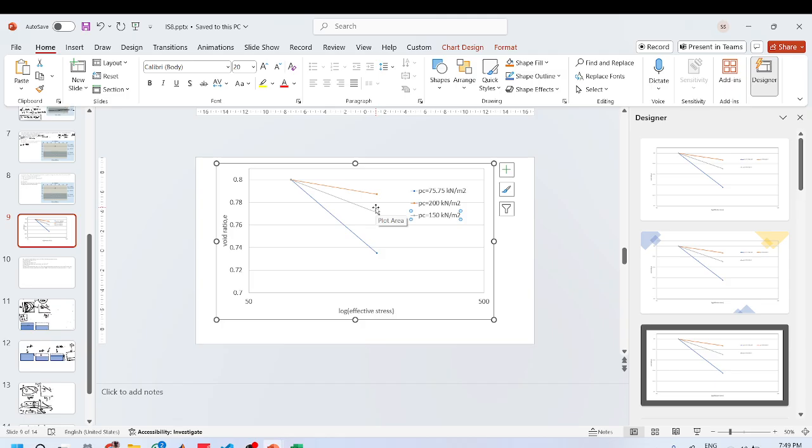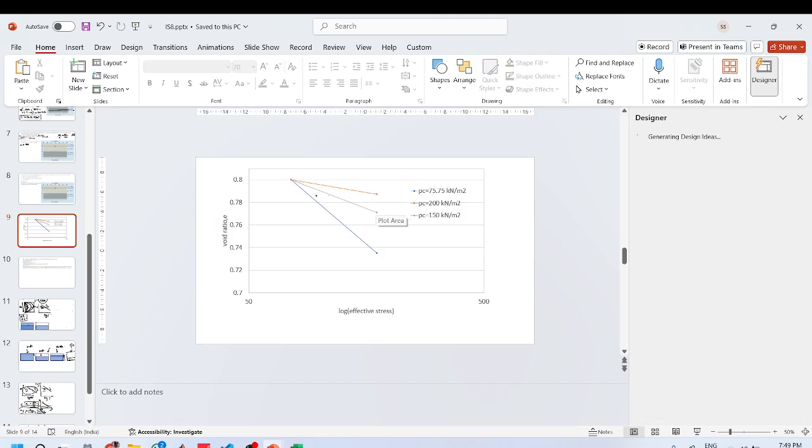Okay, this was supposed to be something like this and this, a result like this. This is a kind of intermediate.